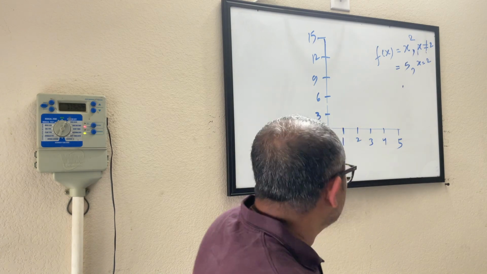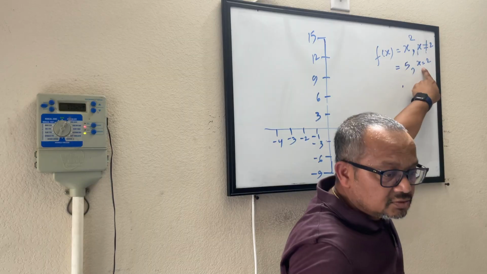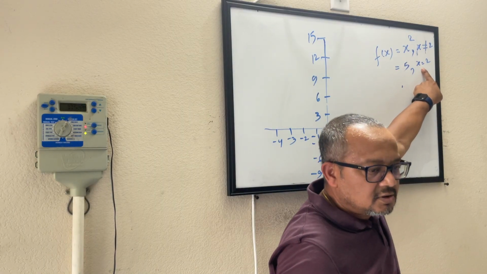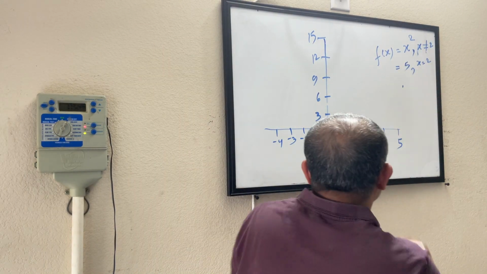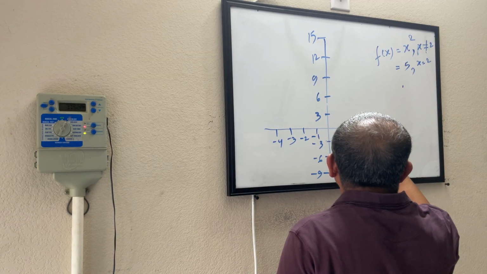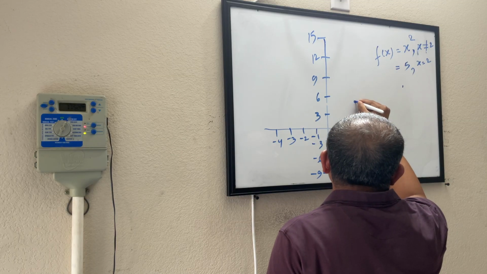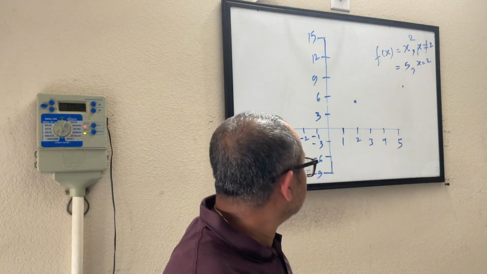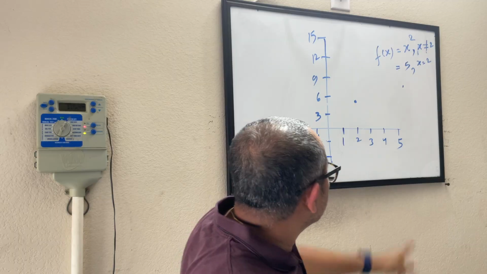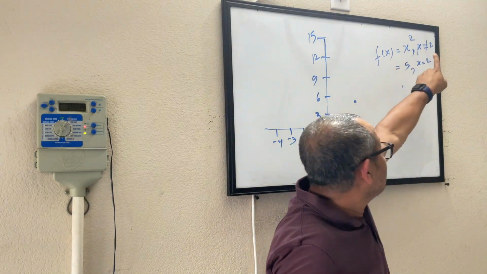Now, what this says, when x equals 2, y is 5. Okay, fine. Y is 5, maybe somewhere here. There is a point. Now let's look at the situation when x is not equal to 2.